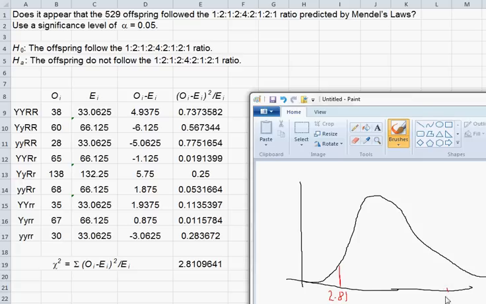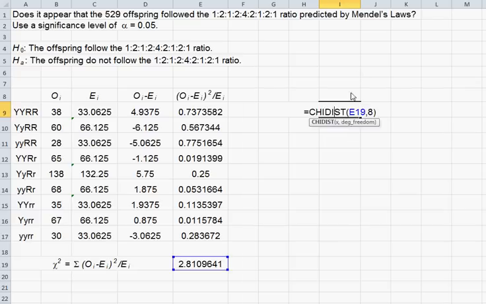What is the value of chi-squared critical so that the area to the right is 5%? So that's another equivalent way of getting at whether or not to retain or reject the null hypothesis.